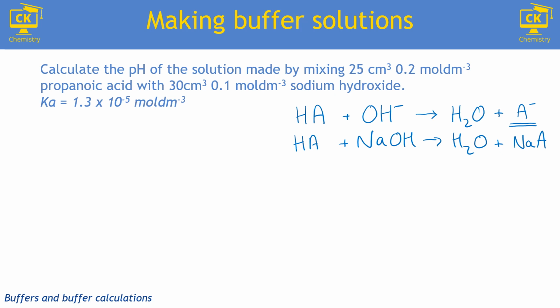And because I'm only adding some moles of sodium hydroxide and I'm not adding enough to completely get rid of HA, then what I'll end up with is a solution that contains both. So it will contain some moles of the weak acid that's still left, and some moles of the salt. And this is really important, not because it's particularly how I might make a buffer, but because it happens in the middle of a titration.